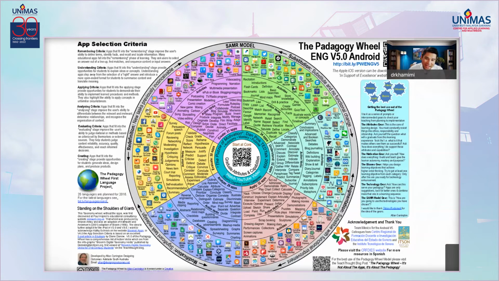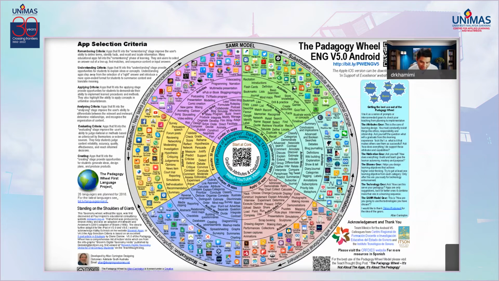Okay. And the outer layer, which is the SAMR model, which is substitution, augmentation, modification, and redefinition. So substitution is just, you may use your WhatsApp to substitute your face-to-face class.